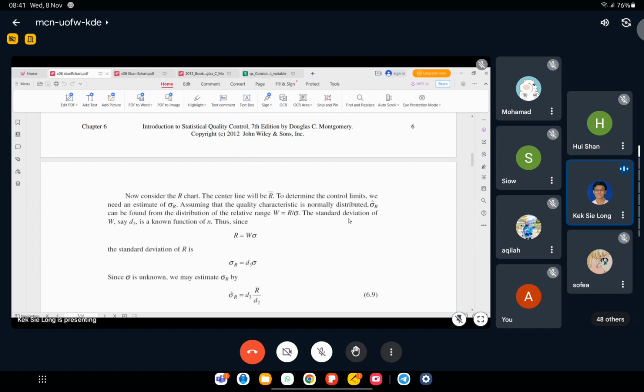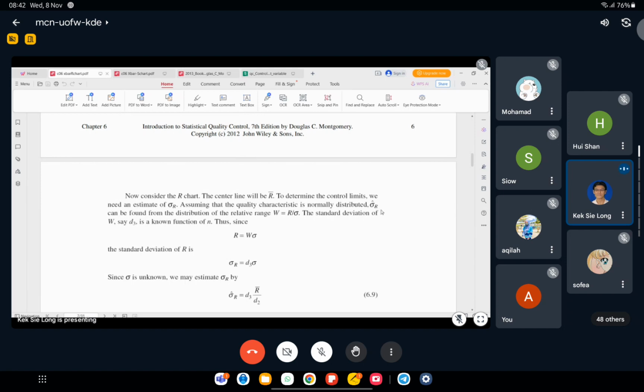So actually we start from the center line R bar. Here is some explanation for this R chart. Assume that the quality characteristic is normally distributed. Again, you can see this assumption is not only for X bar but for the R chart too.